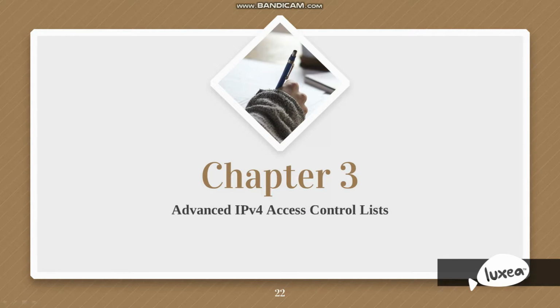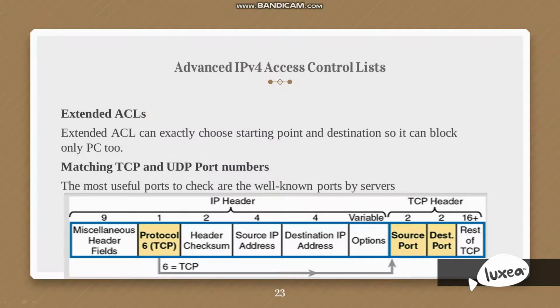Next is chapter 3, Advanced IPv4 access control lists. Extended ACLs are different from standard ACLs because a larger variety of packet header fields can be matched.